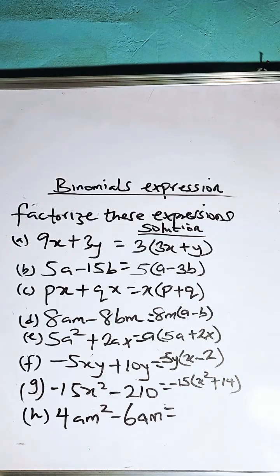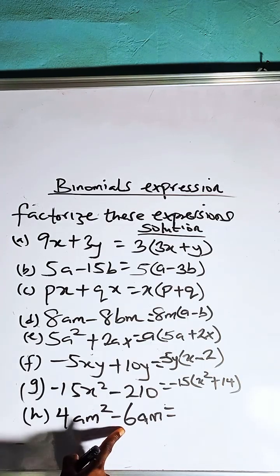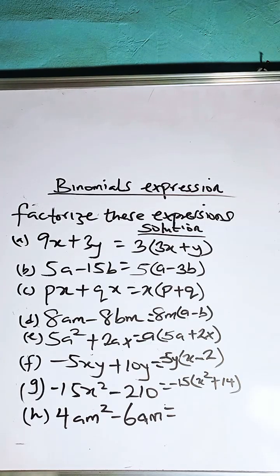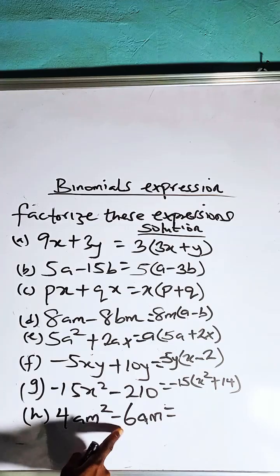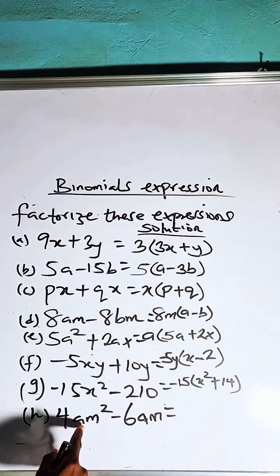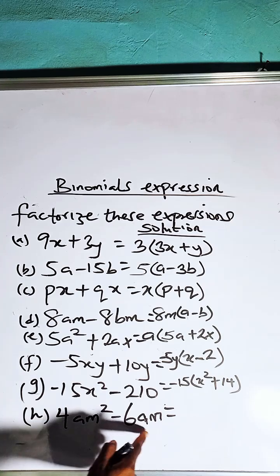Okay, and the last one here we have 4am squared minus 6am. We can factor out the highest common factor, which is 2. When we look at the letters, we have a and m, which are common.